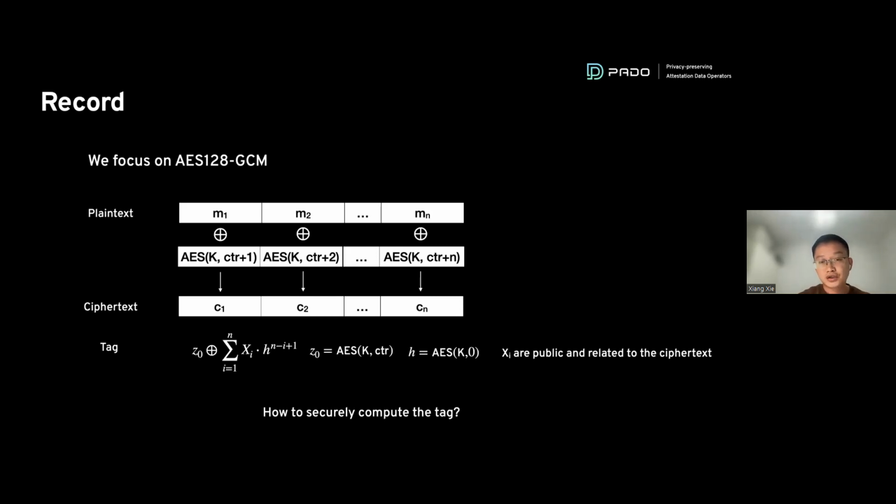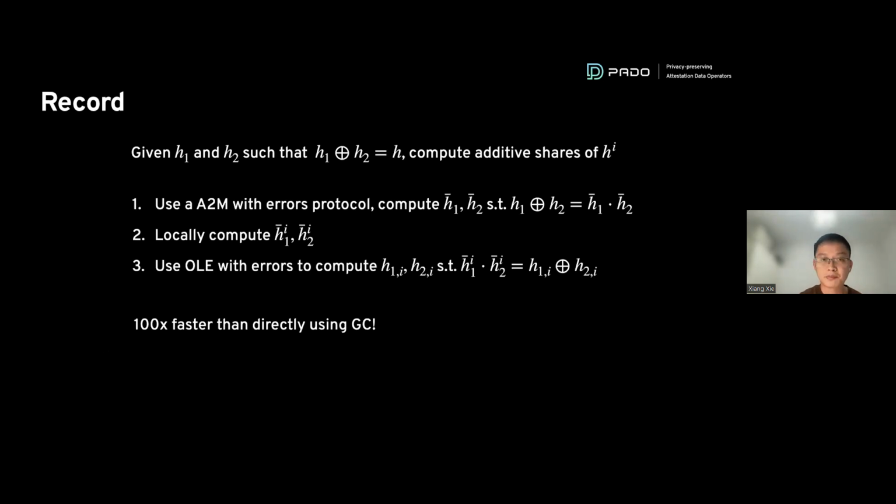So in order to reduce the overhead here, we now propose a new idea to compute the power of H. The problem is, given shares of H, which means each party holds H1 and H2 respectively, we want to compute the additive shares of the power of H. The idea is very simple.